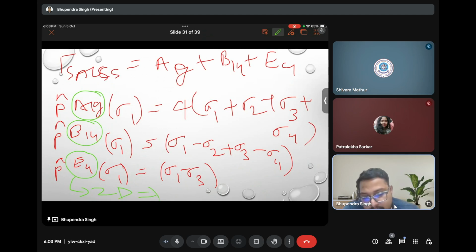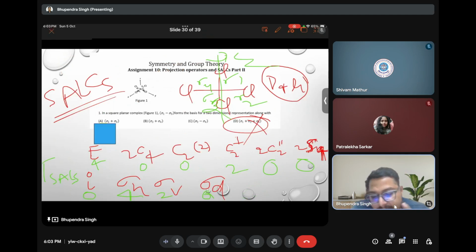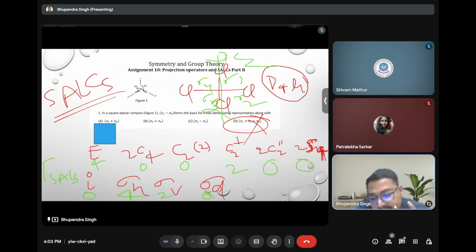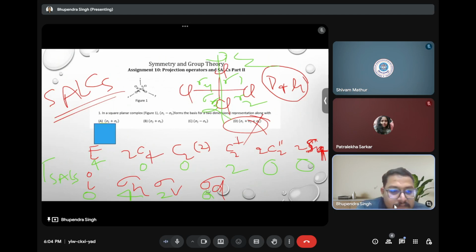So it will have two bases. The question is asking for sigma 1 minus sigma 3 to form the basis of a two-dimensional representation, which means that these above two, A1G and B1U, are not possible.